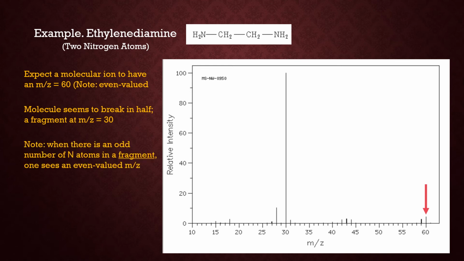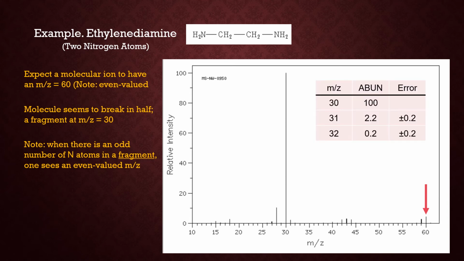But here's the thing, and this is the exception, and this is also very useful in the sense of interpretation. When you have a single nitrogen in the fragment, the single nitrogen is odd. The fragment is by nature odd, so 2 odds make an even. So when you see an even valued fragment, that tells you that you have an odd number of nitrogens present.